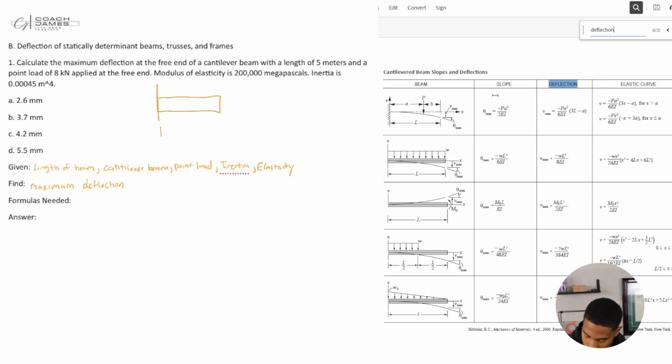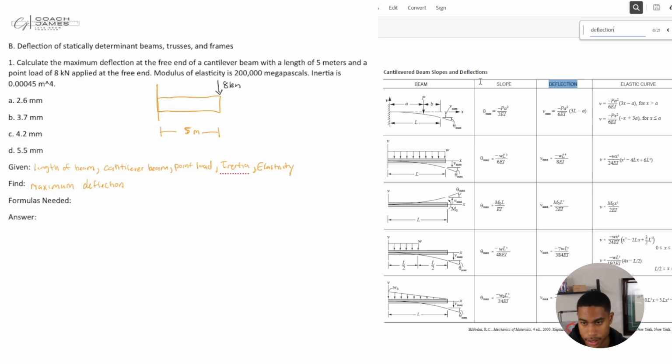Okay. From here to here is 5 meters. We have a load applied at the free end. That's the free end. So 8 kilonewtons.